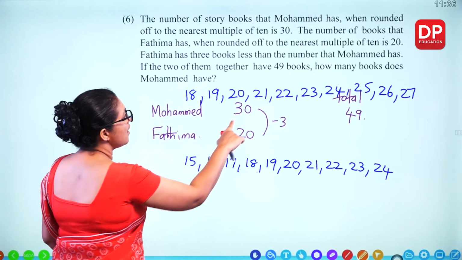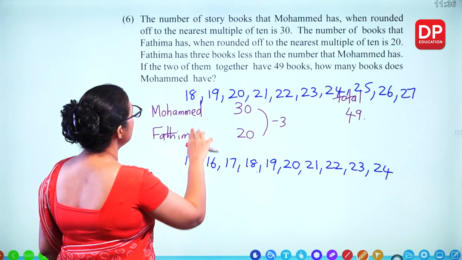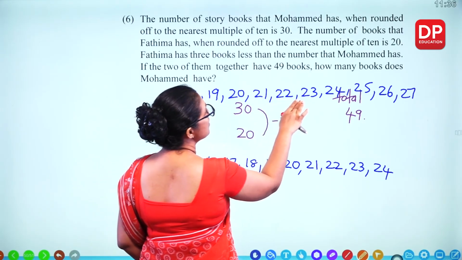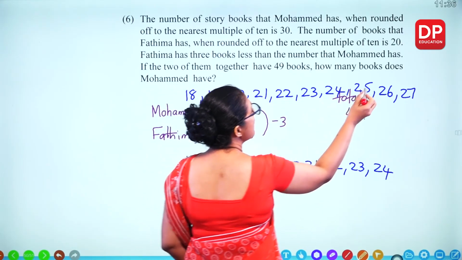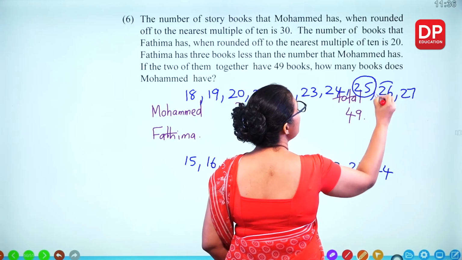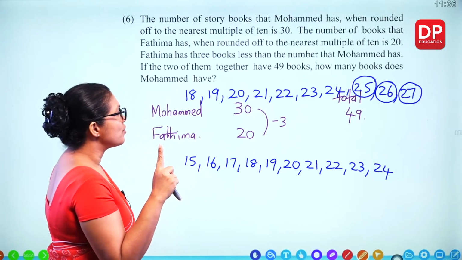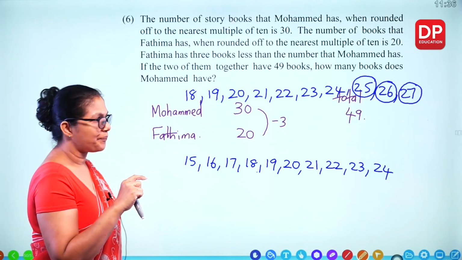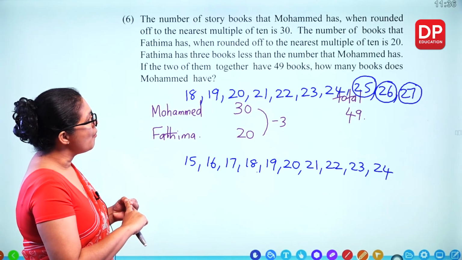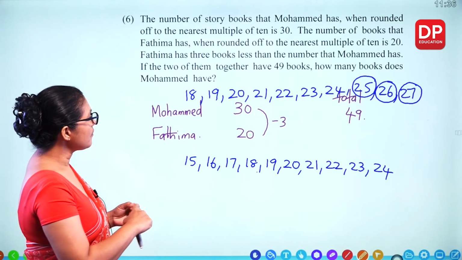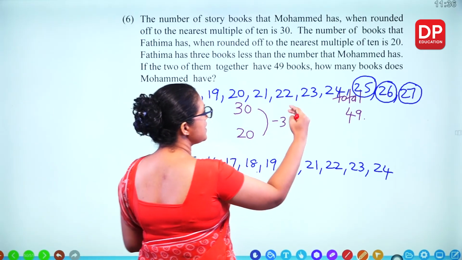Where do you get the rounded value 30 here? All these you get 20s. It can be 25, 26 and 27, the rounded values to get 30. Now we need to check whether these possibilities satisfy.